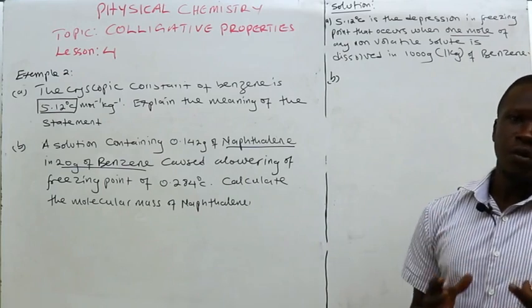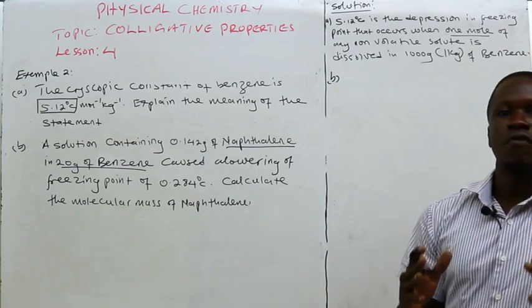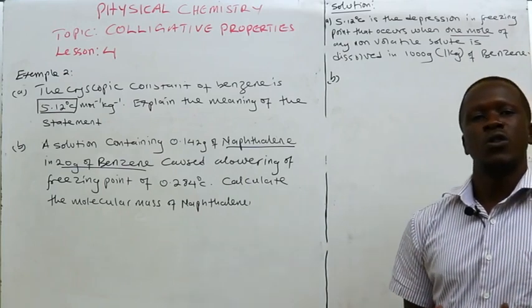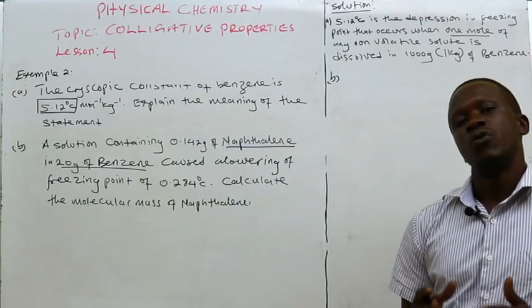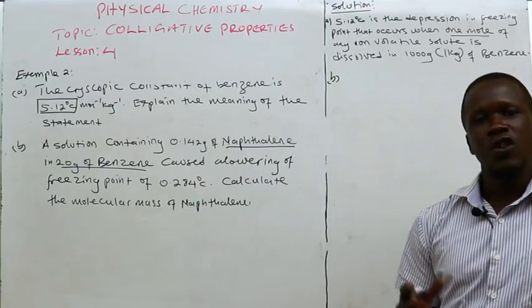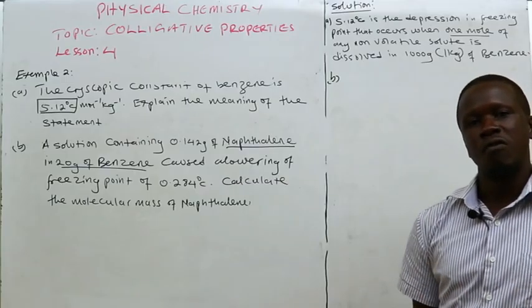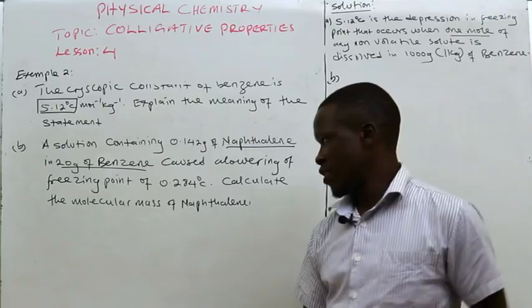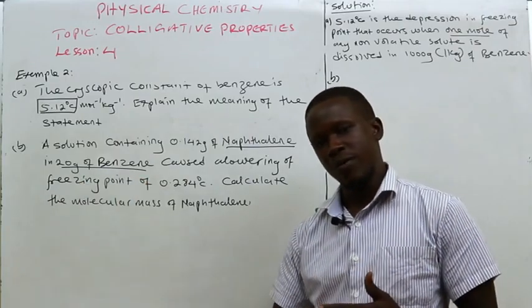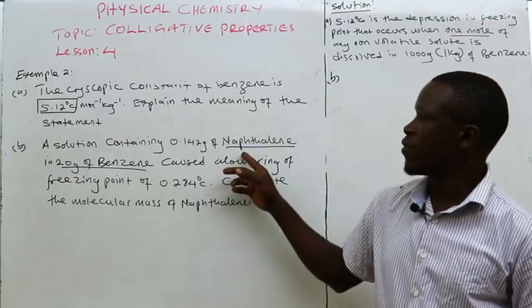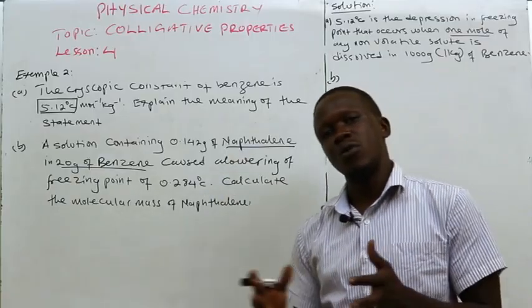When you look at a question, even when you do not know the compounds, you should be able to know which one is the solute and which one is the solvent. Normally, the mass of the solvent is far bigger. You can see the mass of benzene, 20 grams, and the mass of the solute is smaller.